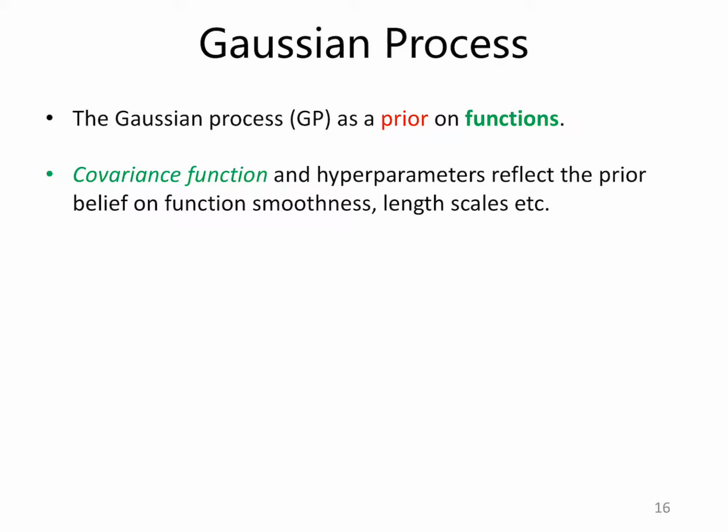So now that we have talked about the covariance function, let's introduce the Gaussian process formally. The Gaussian process can be viewed as a prior over functions, where these functions are specified with your covariance function.